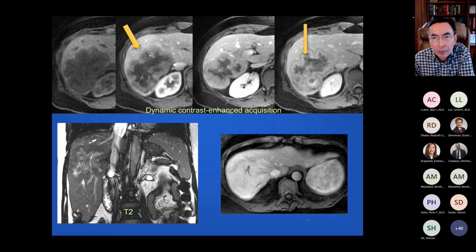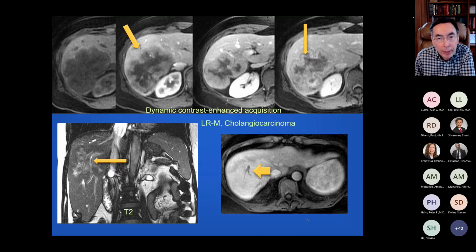Again, that's not a feature of HCC, but it is something we see in cholangiocarcinoma. Also notice on the T2 coronal, the tumor is growing around these vascular structures without occluding them. And that's something we see with cholangiocarcinoma sometimes, as well as upstream biliary dilatation. So this would be a LI-RADS M, LR-M, because we suspect cholangiocarcinoma.